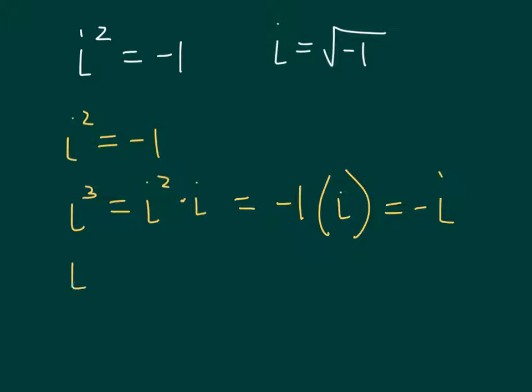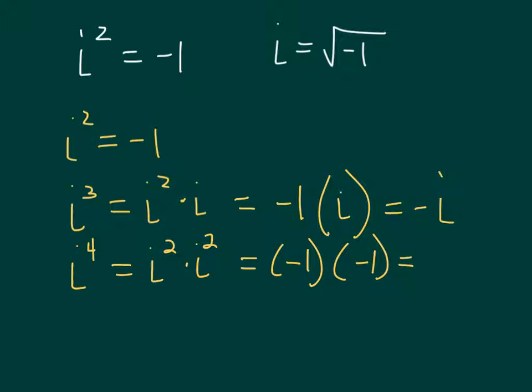Then we also have i to the fourth, which is the same thing as i squared times i squared. We already know that i squared is equal to negative 1, so we have negative 1 times negative 1 equals positive 1.